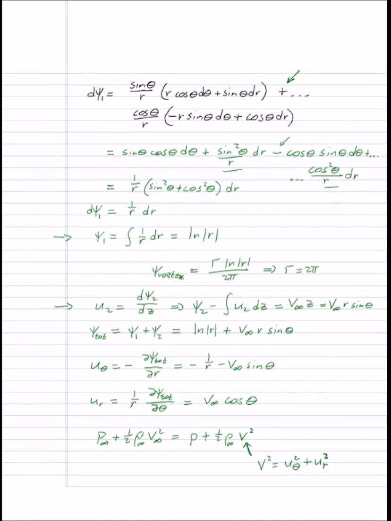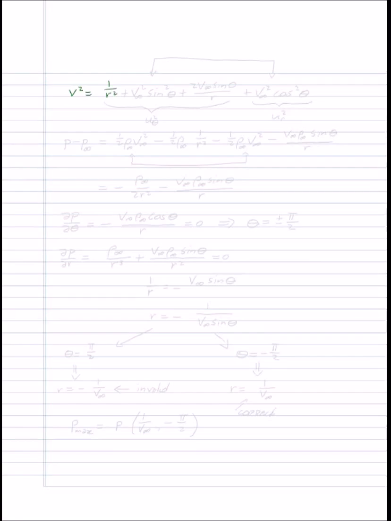Good, so we need to evaluate what that is. And we can because we've got an expression for both of them. So that's the next thing we'll do. We've got ourselves a v squared is going to be equal to 1 divided by r squared. So that's the first term. Then we've got a v infinity squared sine squared theta. Then we've got ourselves a plus 2v infinity sine theta divided by r.